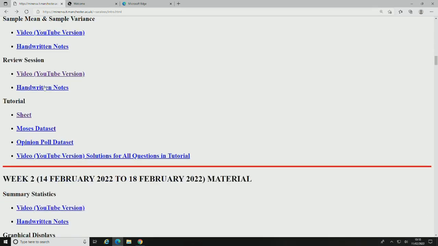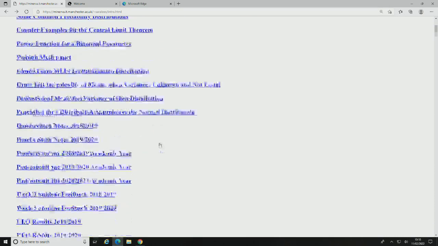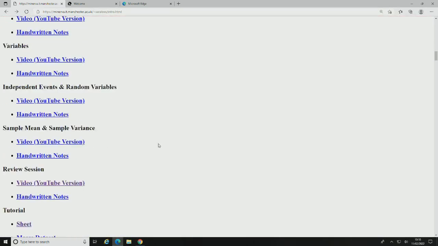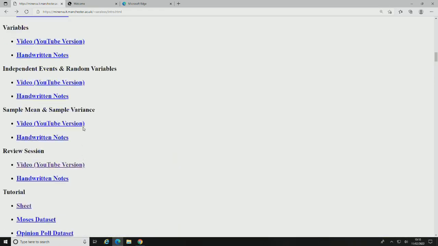Then I will do the material during the review. Now, as you can see, there's nothing in this link here, and there's also nothing in this link, right? And after the review session, I will upload the material for these two links, right? Okay? It's the kind of stuff I'm going to cover right now. So that's for week 1.